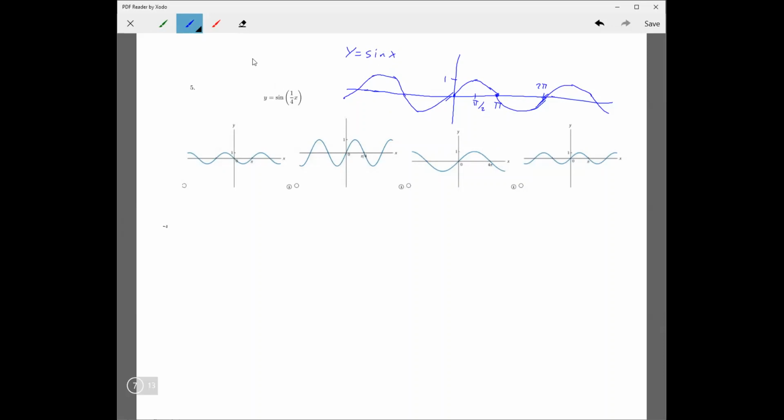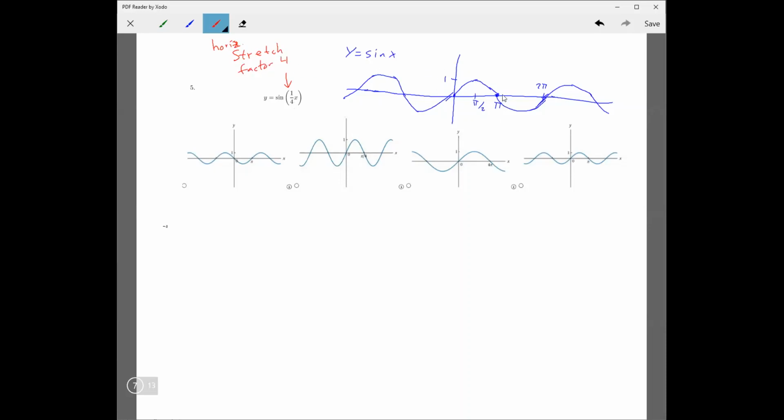Here we have sine of 1/4 x though. So what does the 1/4 do? It stretches it by a factor of 4. Yes, so it's a horizontal stretch by a factor of 4.